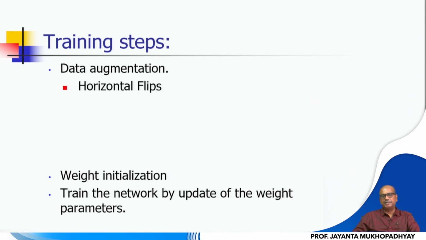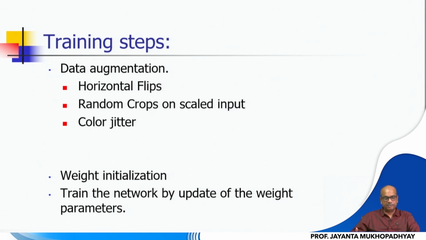So there are some tricks for augmenting data by doing some transformation on the input data itself, because the labels remain the same. For example, horizontal flipping of the images, random cropping, scaling, color jittering, adding some distortions, or any other kind of transformation. That gives you another input sample derived from the given training sample, and keeping the labels the same, you use it for training. That would increase the robustness.